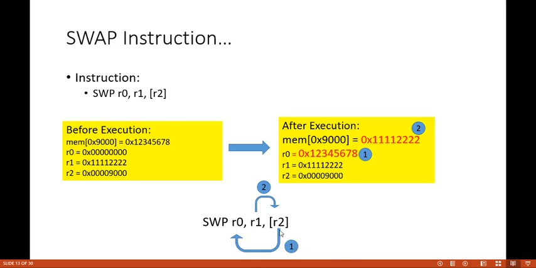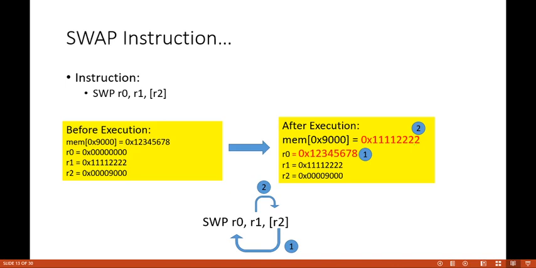Here you can see that the first operation that takes place is that the contents of memory are transferred to the register R0, and then the second part is that the contents of R1 are transferred to the memory. This is given in this block, how the instruction is executed. The content of memory, which was previously 1, 2, 3, 4, 5, 6, 7, 8, is transferred to R0. This is the first step. And the second step is the contents of R1 are transferred to the memory, 4 times 1, 4 times 2. So this is about the swap instruction.